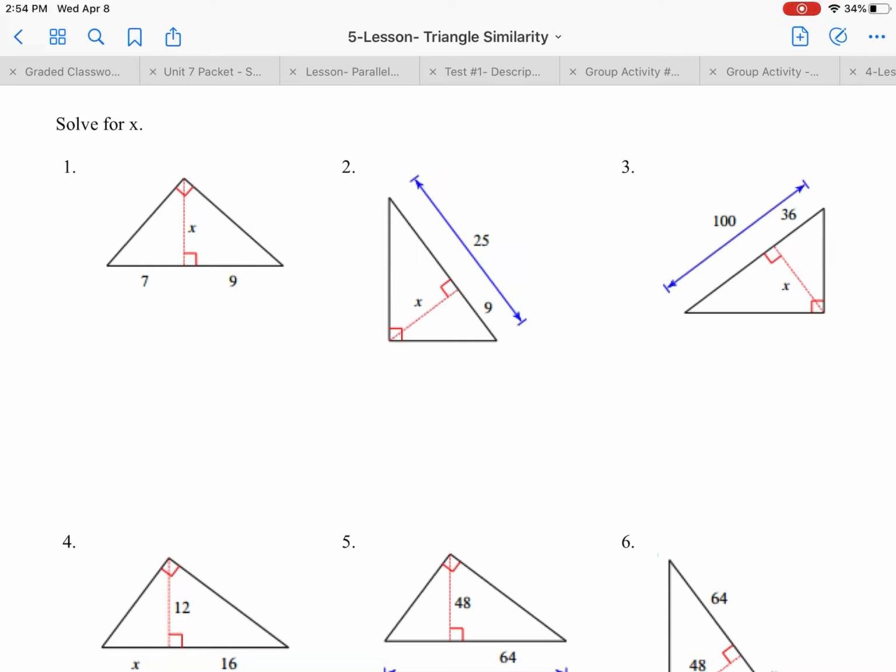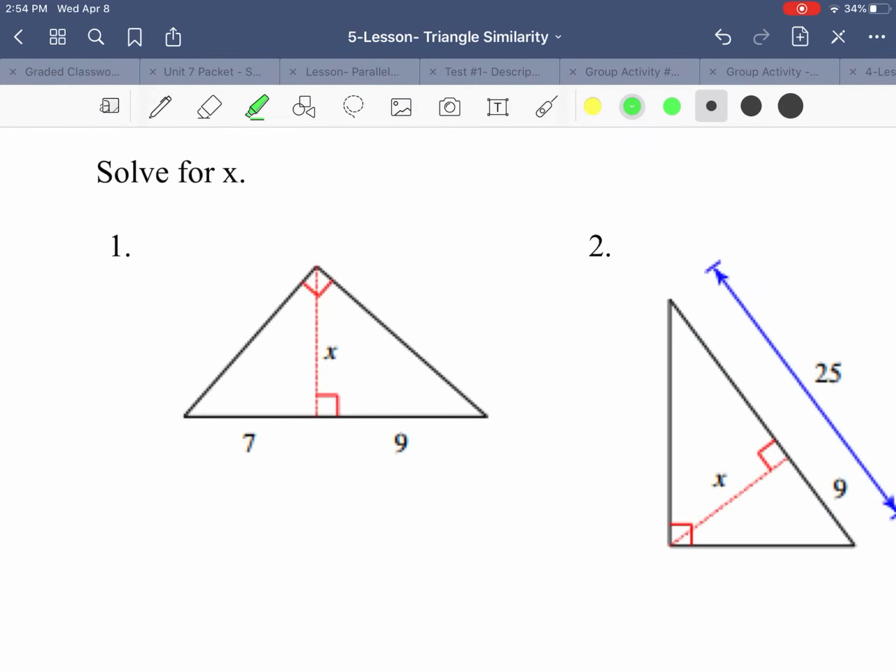Nothing's labeled. That's the first thing you notice, but they all have the same general structure. So what I'm looking at here is a leg and a leg. For the other triangle, I also have a leg and a leg.